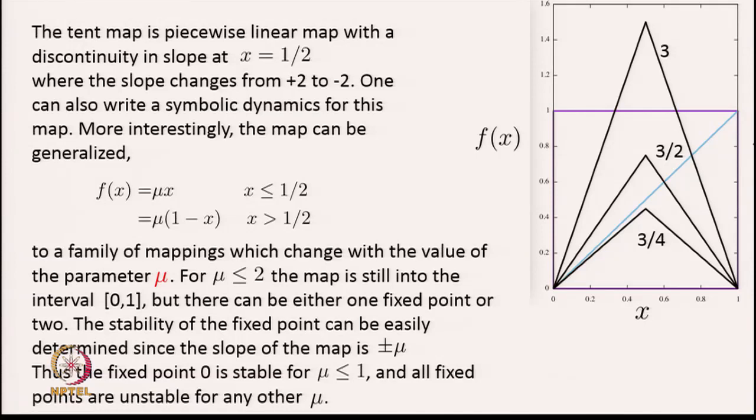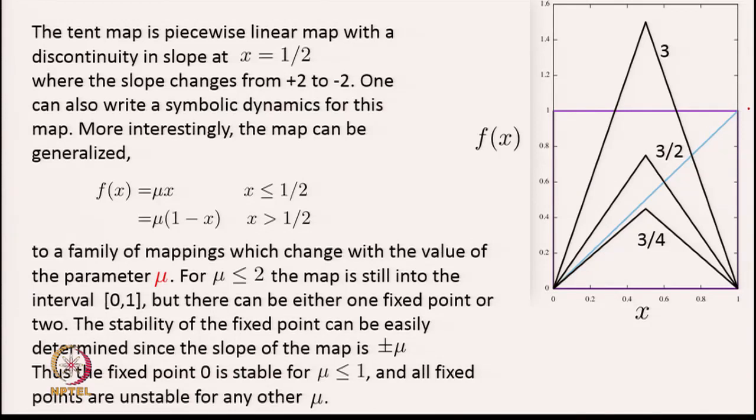When mu is equal to 3 by 2, I find that the map is over here, with the maximum at 0.75, and at this particular point, if mu is equal to 3 by 4, then we find that the tent itself lies below the diagonal line.